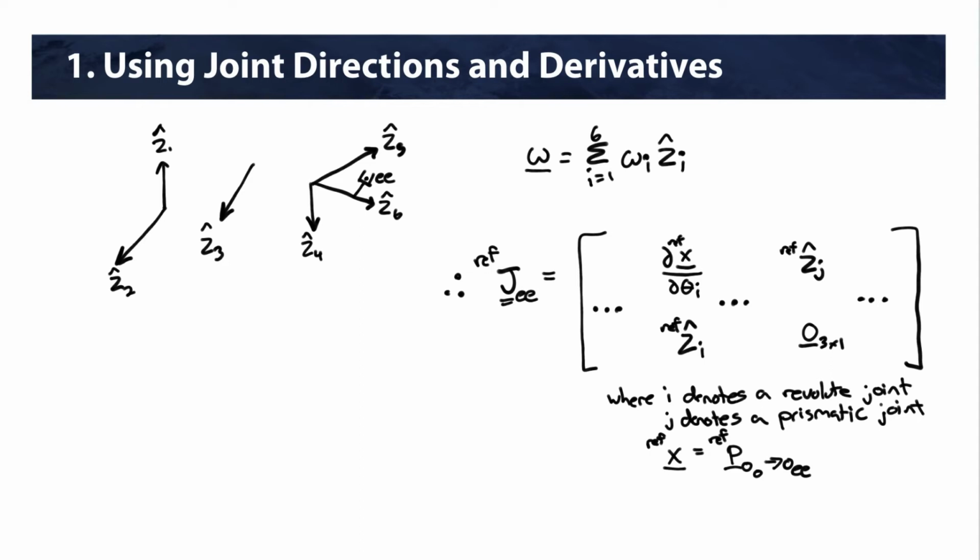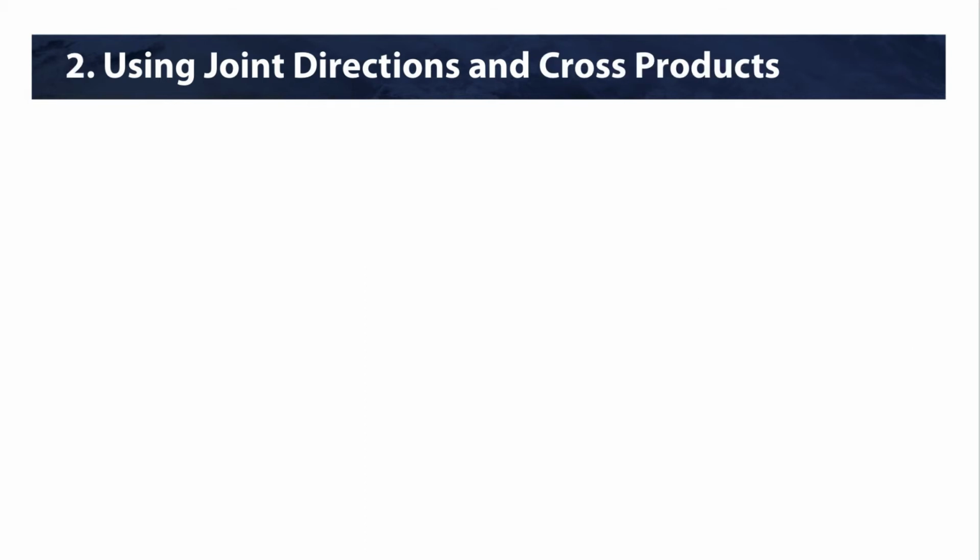Now let's look at the second approach. All right, so in this approach, we're using joint directions and cross products. You can think of this as just using basic mechanics. So in this case, we'd have, say, a coordinate frame we can establish, and this would be our reference frame.